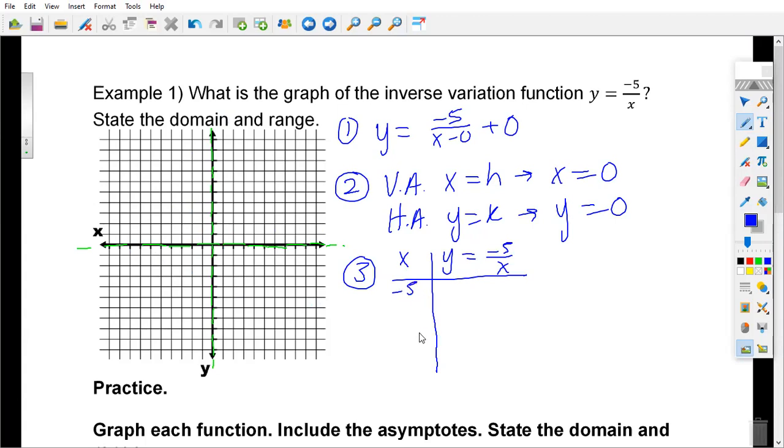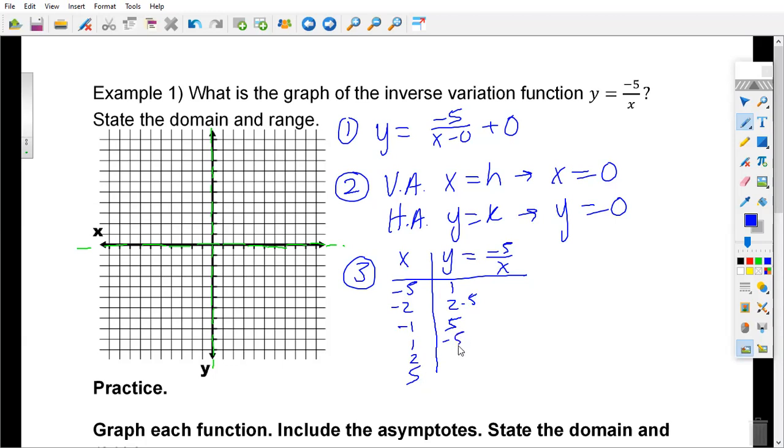That gives 1. -5 by -1, that plugs in pretty nice. I could do -2. It's going to be 2.5. That's pretty easy to graph. I can do -1. That'd be 5. And I could do their opposites. The opposites of negatives are their positives, right? 1, 2, and 5. The difference is what's going to change.